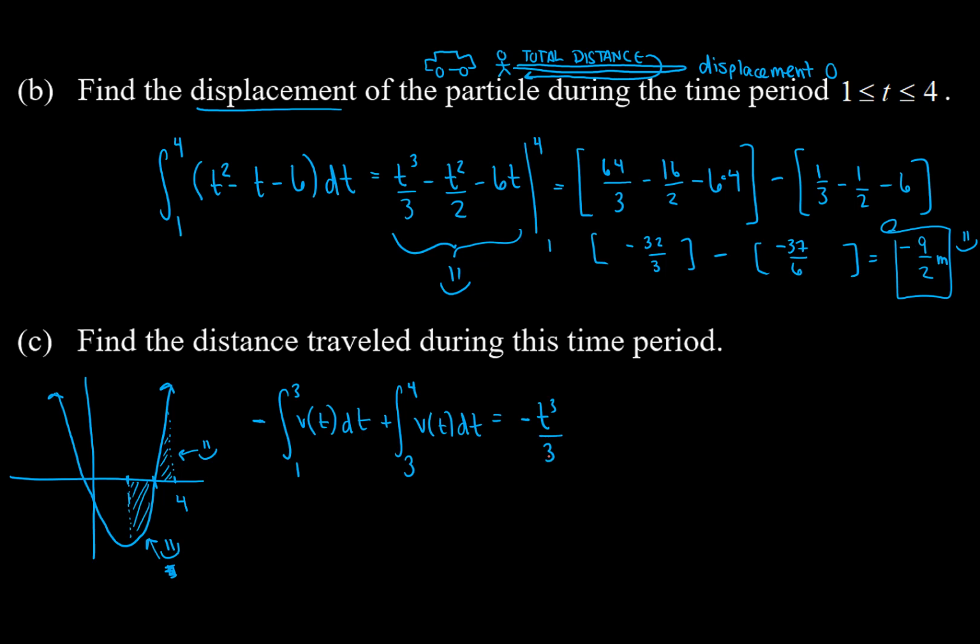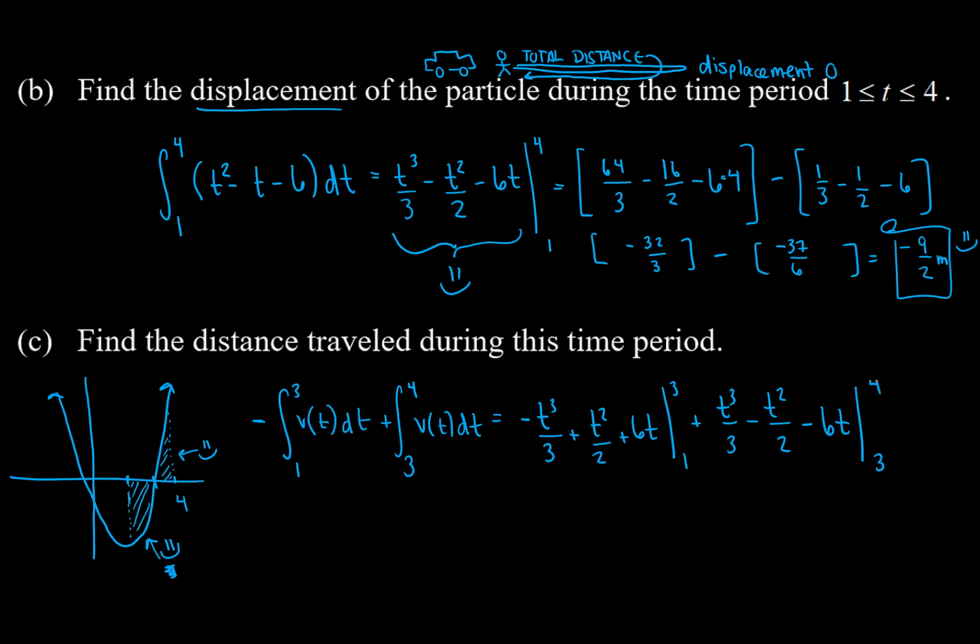Negative t cubed over 3 plus t squared over 2 plus 6 times t, from 1 to 3. And I'm going to add to that the regular integral, t cubed over 3 minus t squared over 2 minus 6t, from 3 to 4.